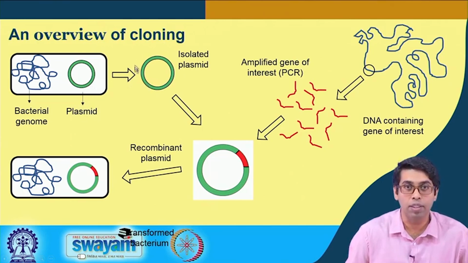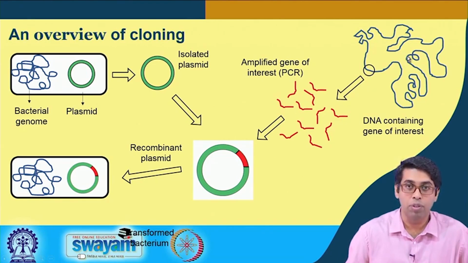Now what we have is the isolated plasmid in a solution inside our test tube. On the other hand, this small region is a gene of our interest. It codes for a particular protein that we want to characterize in our lab, and this chromosome can belong to a completely different organism.